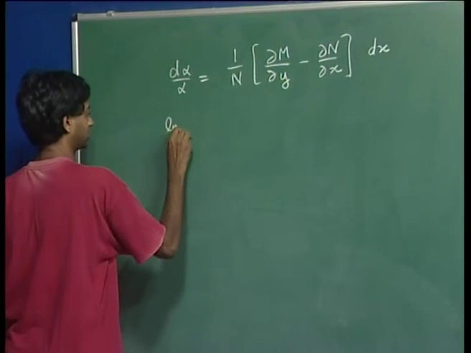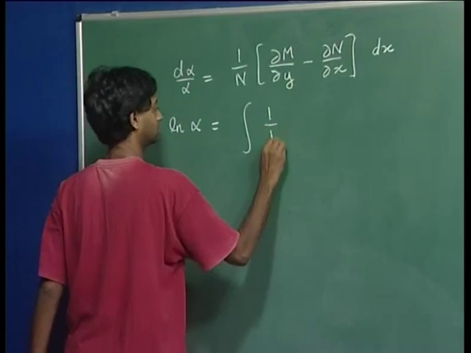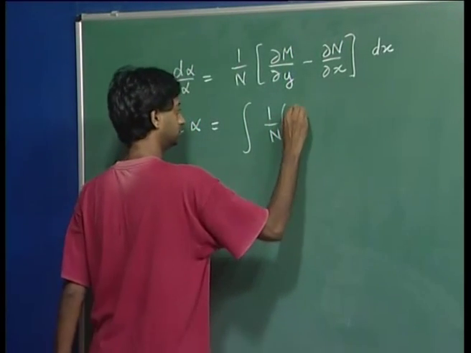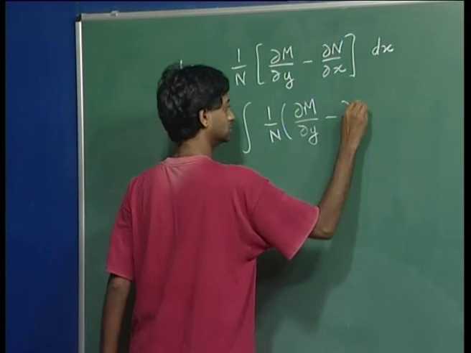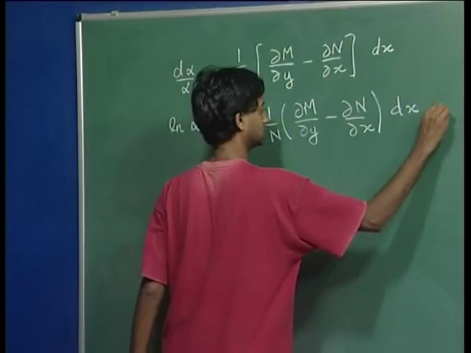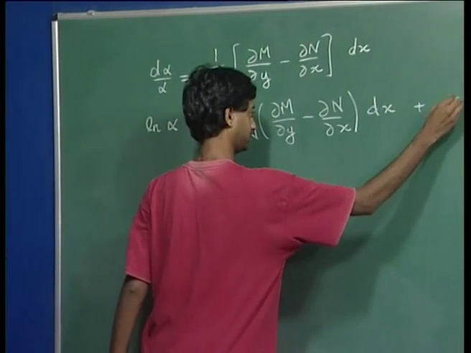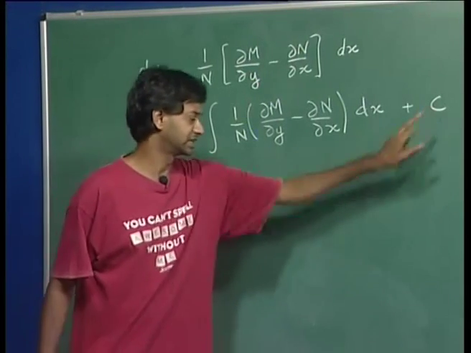So, you will say natural log of alpha is equal to the integral of this, plus a constant. Okay. So, you just integrate both sides and you have a constant of integration.